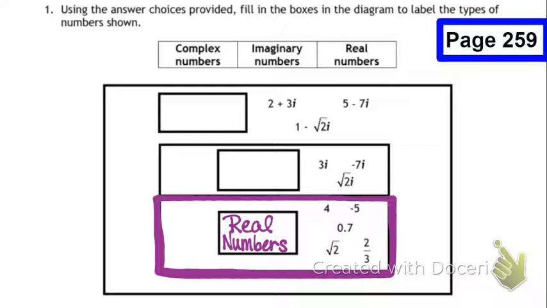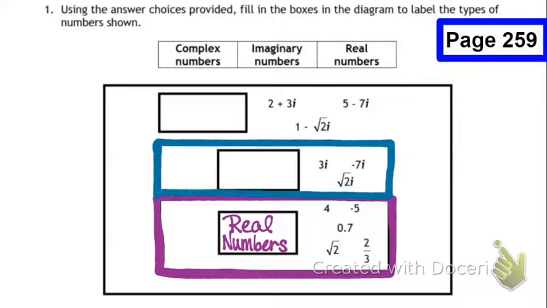The box right above that, what do you notice each of those has with it? An i. It looks like a variable, but it's actually not. We're going to treat it a lot like a variable; it's going to behave a lot like a variable. These are imaginary numbers.